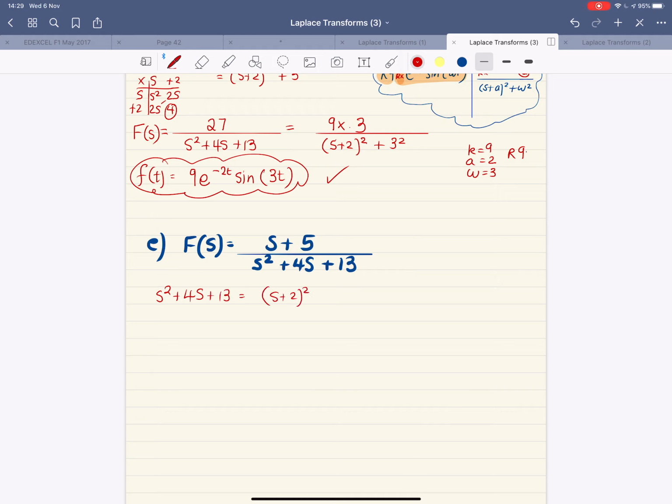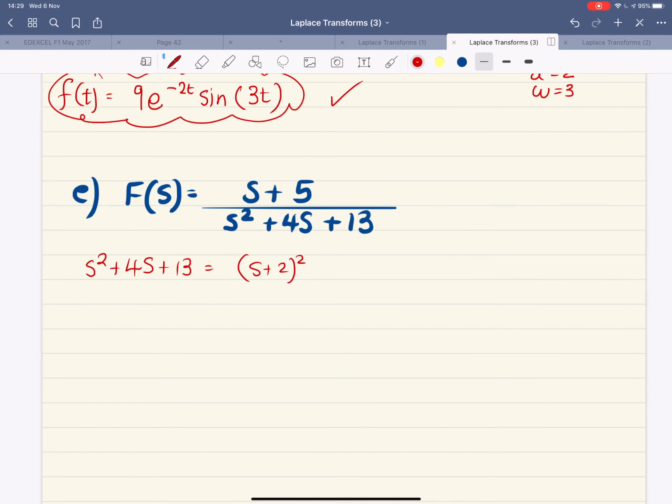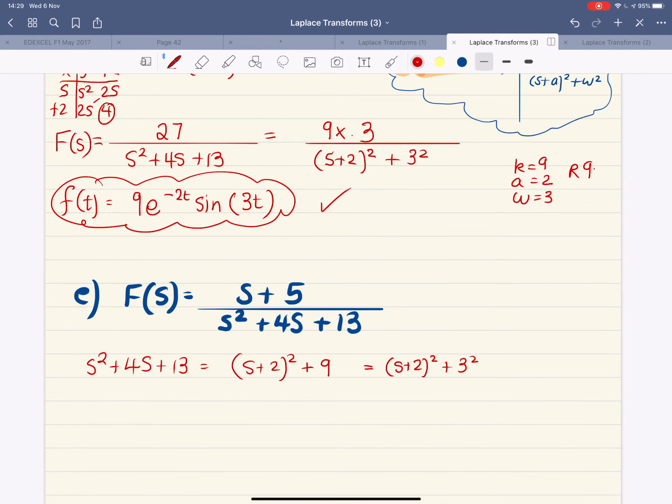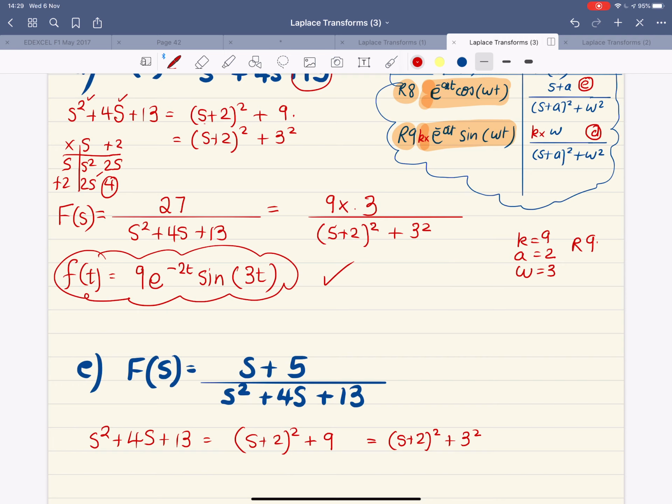This is exactly what we did on the previous bit. That gives us plus 4 when we multiply out, and because we want plus 13, we've got to add 9. So that's (s plus 2) squared plus 3 squared, which is the start of these denominators. So we've got a is 2 and omega is 3 to start off with.